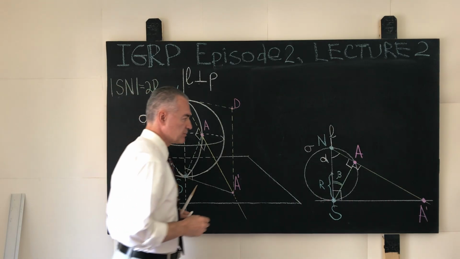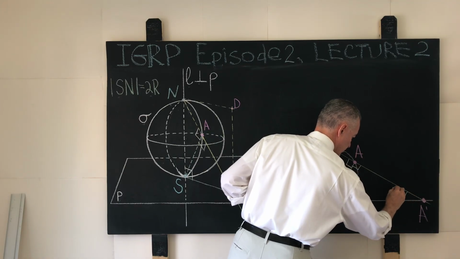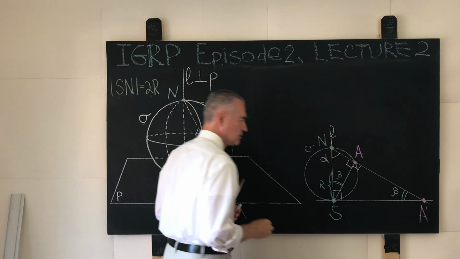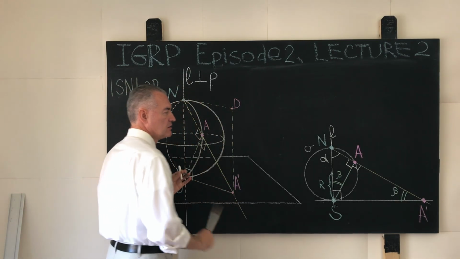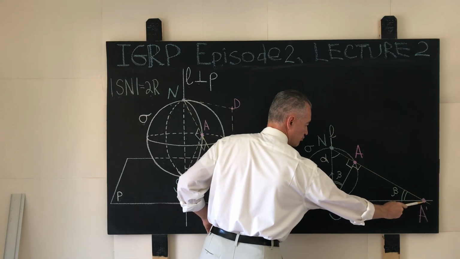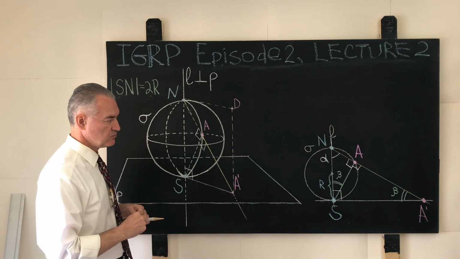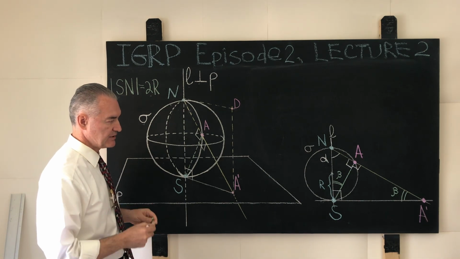It will be equal precisely to the magnitude here at the vertex A prime. This will be the angle beta in the triangle NSA prime.